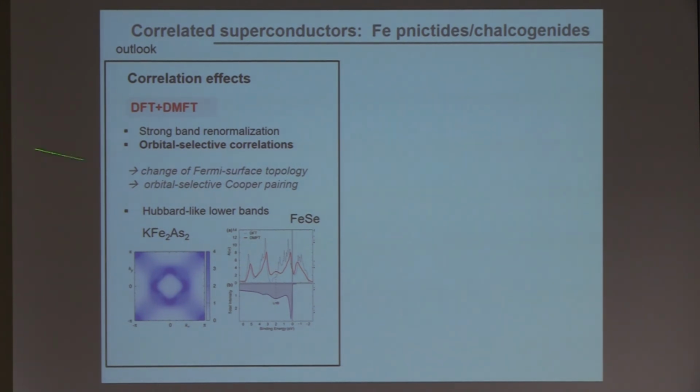Of course, this changes the Fermi surface topology, so it influences the description of superconductivity. And there is this recent work of Séamus Davis where they observe this orbital-selective Cooper pairing. Moreover, one can observe these incoherent features that nobody talks about, but they are there and have been observed in iron-based superconductors.